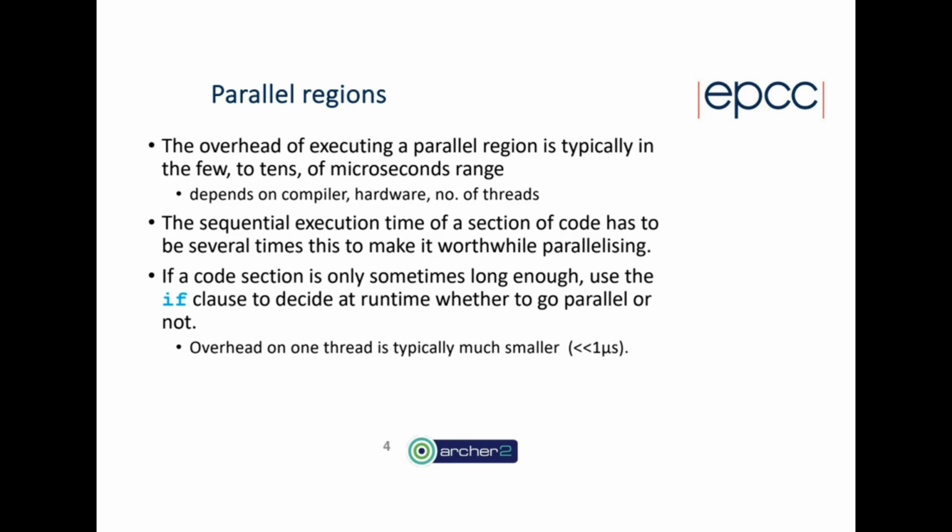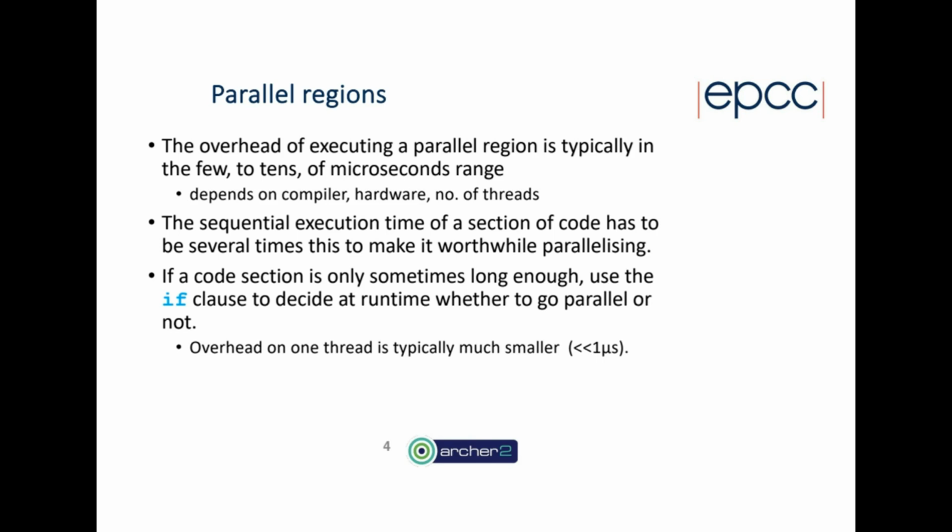So just be aware of the granularity of code blocks or loops that you need in order to make it worthwhile parallelizing, so that any parallel benefits you're gaining are not just washed out by the overhead of starting and stopping parallel regions. Really, the sequential execution time of a section of code has to be at least that, and preferably an order of magnitude bigger than that, to make it worthwhile.